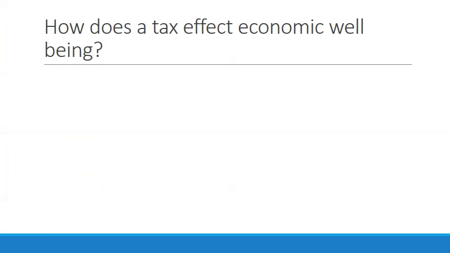So how does a tax affect economic well-being? Well, now that you know how a tax works and you understand how it shifts supply up, how it moves demand down, how they fall and rise because of prices, the next question, of course, would be this. Taxes raise the price on the goods consumers buy. It also reduces the total revenue of firms.